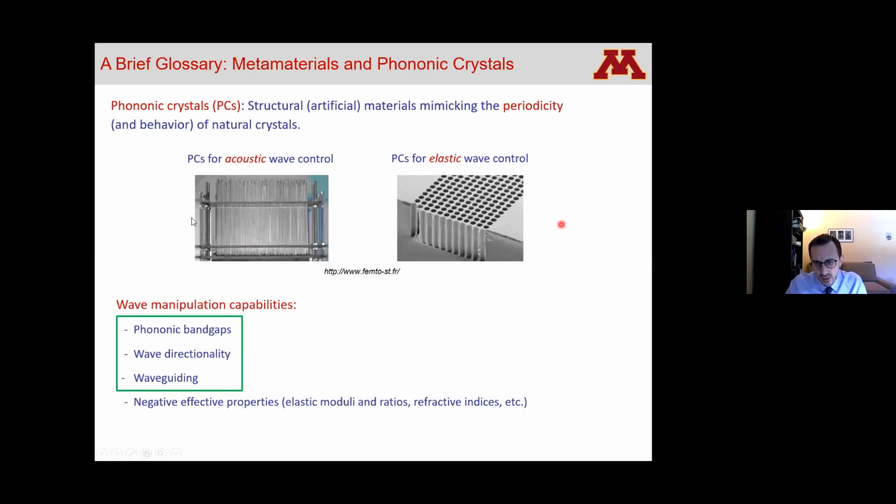And here are two examples. This would be a periodic arrangement of metal rods in air for the control of sound waves. And this would be a periodic arrangement of holes drilled into a slab of material, for the control of elastic waves that propagate in the slab.